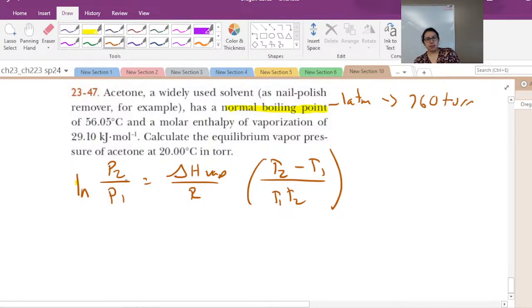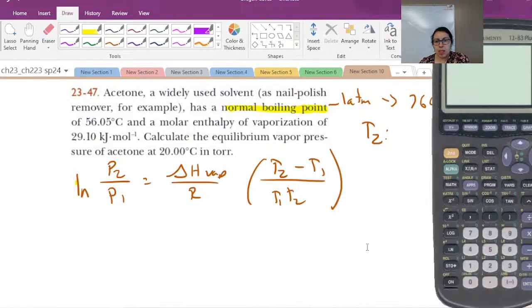Now we can start plugging in our numbers. We need to set our P2 and P1 properly so we don't get confused. Since our boiling point is 56, I'm going to set T2 as the higher one and be consistent that way.